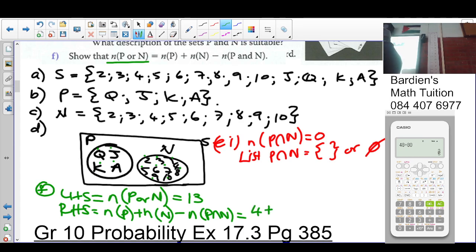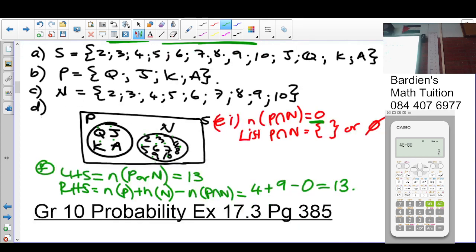How many elements belong to set N? 9. Minus the elements that belong to P and N, which is 0, which gives an answer of 13. You see there? So what do we notice? 13 is equal to 13. Can you see that, people?